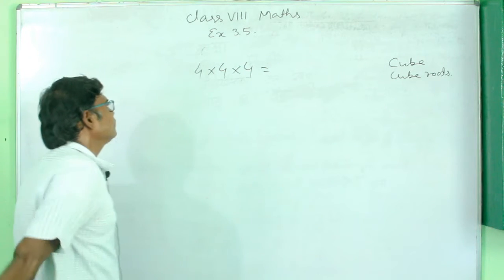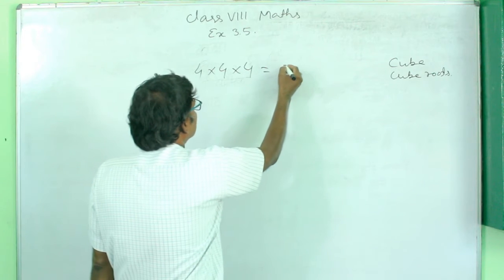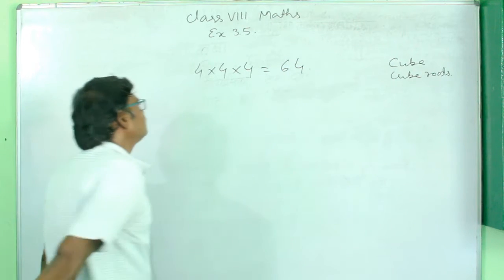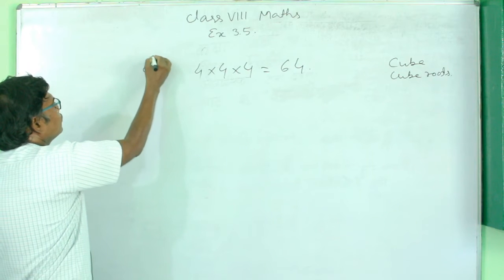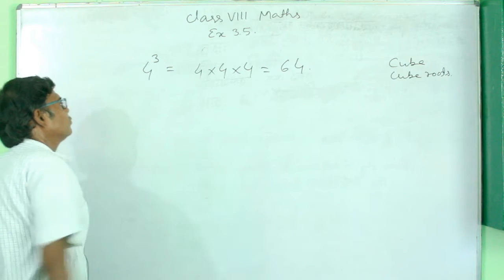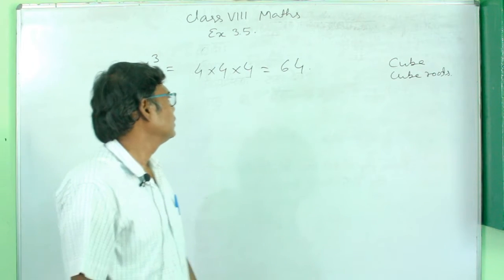So 4 fours are 16, 4 sixteens are 64. This is the cube of 4, written as 4 to the power 3. So 4 cube equals 4 into 4 into 4, that is 64.